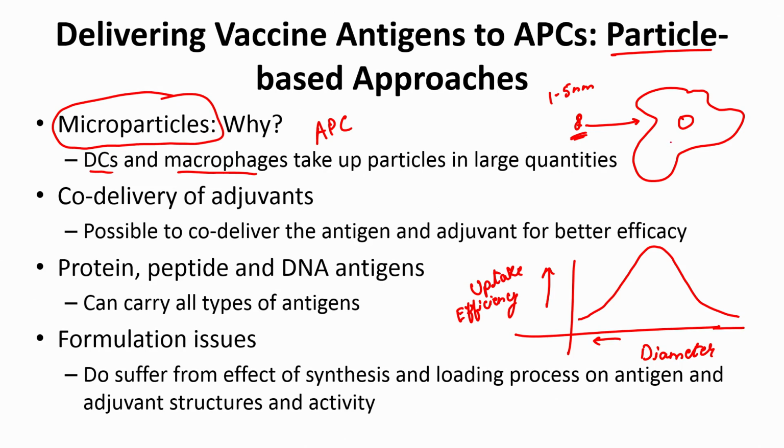Now this is a problem because these cells are the ones that are going to present this protein, they are going to internalize this, they are going to degrade it and then present this protein. So, if their uptake efficiency is going to be low, then that means that out of let us say hundreds of receptors that these APCs may have, only some of them will contain this peptide.